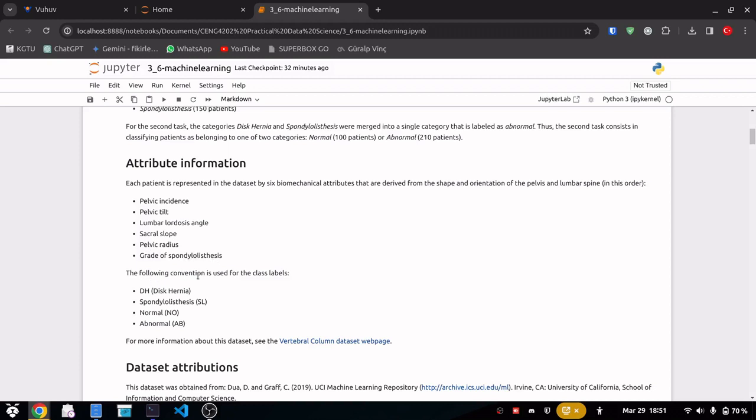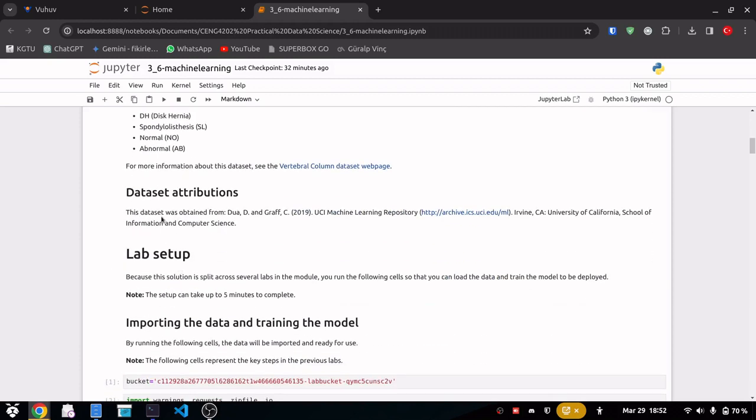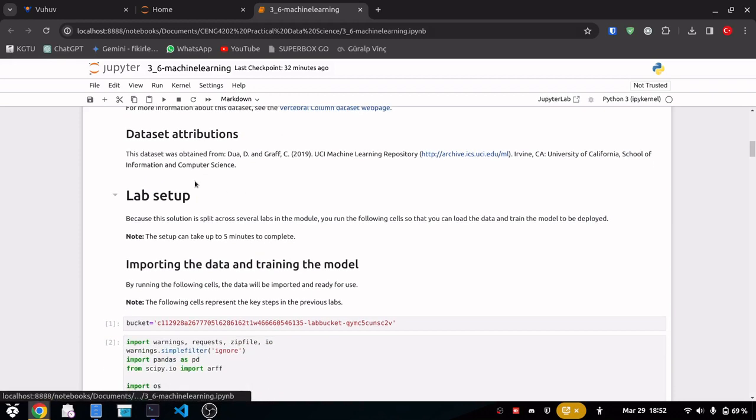The following convention is used for the class labels: dyschondria is DH, spondylolisthesis is SL, normal is NO, abnormal is AB. For more information about the dataset, see the vertebral column dataset webpage.